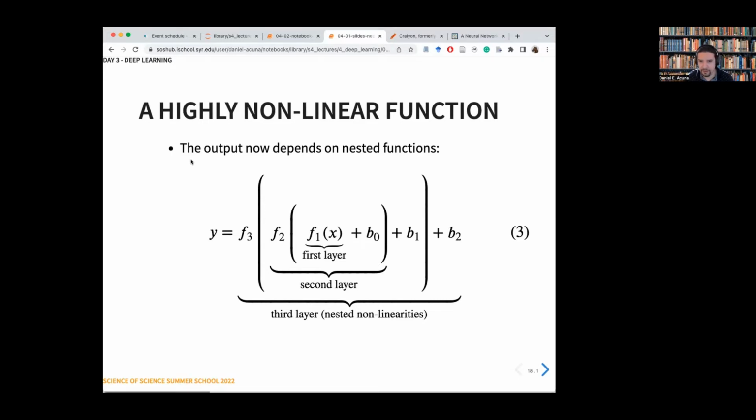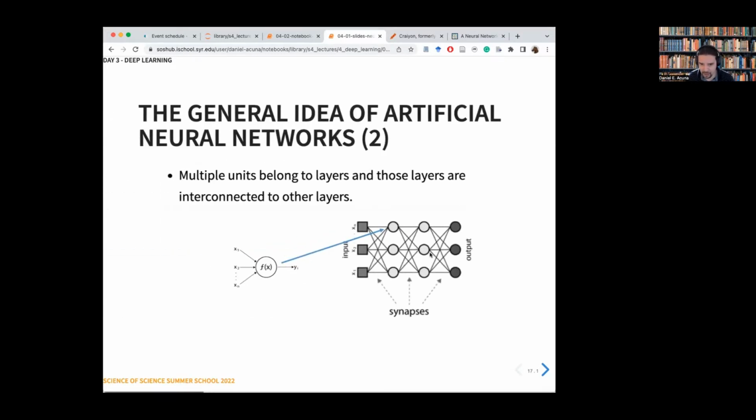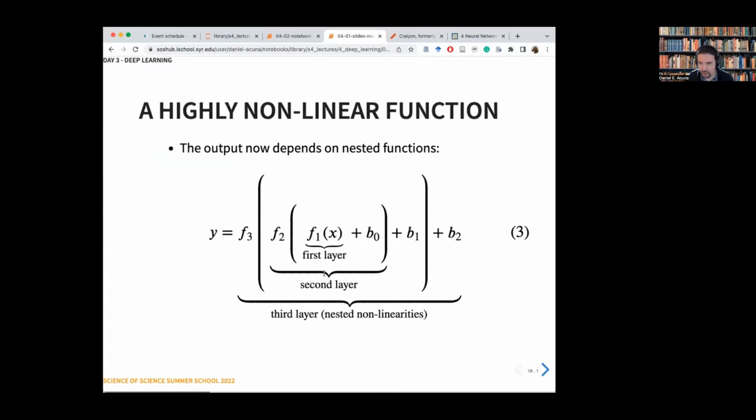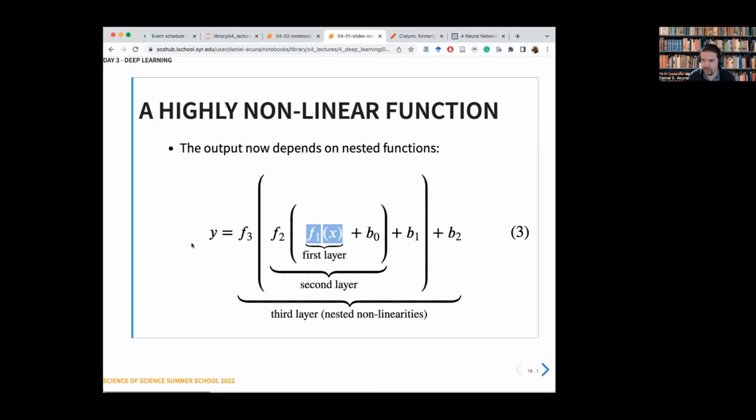Now, this architecture with neural networks is a highly nonlinear hierarchical structure. So you can think about the output of the neural network as a function of the input, and each of the layers will act as a nonlinear transformation of the input.